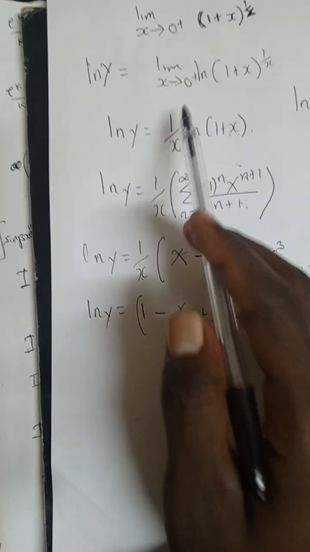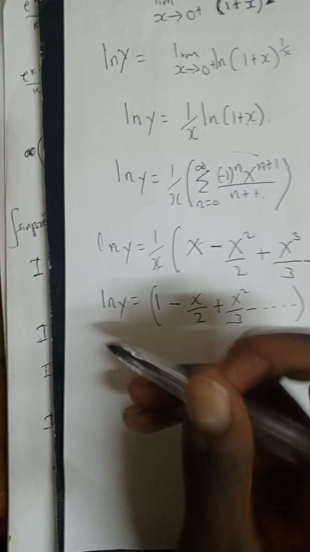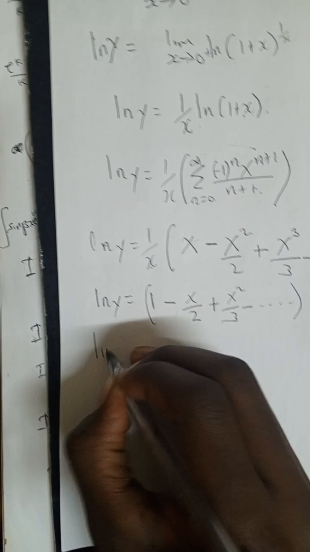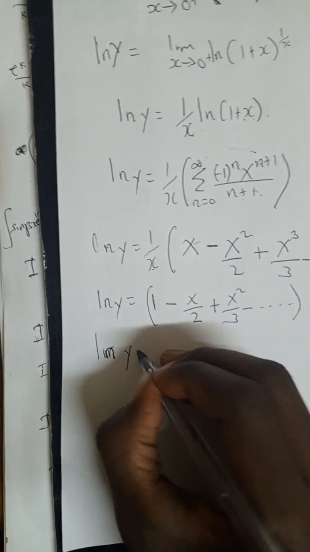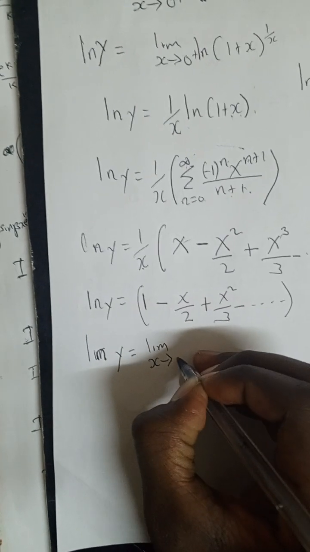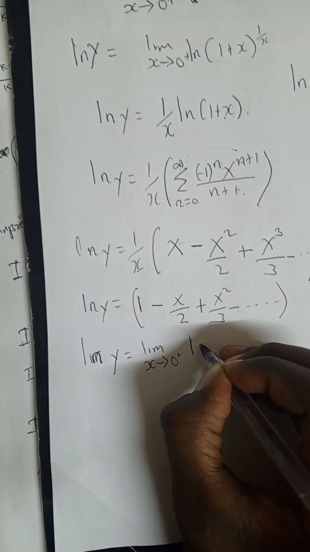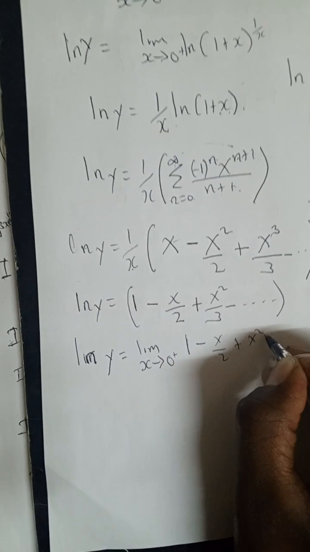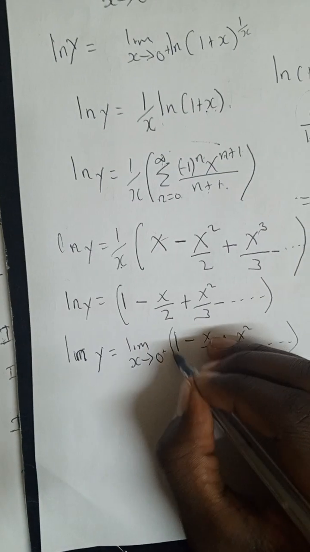Now remember, I said that we are going to introduce the limit back. So let's introduce it back. So the limit as x approaches 0 positive, then this will be 1 minus x over 2 plus x squared over 3 minus, going up to infinity.